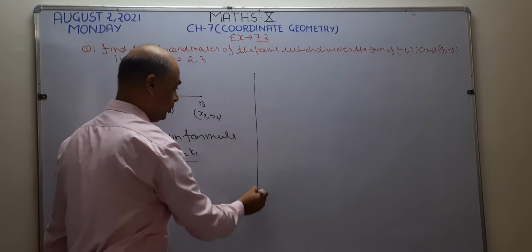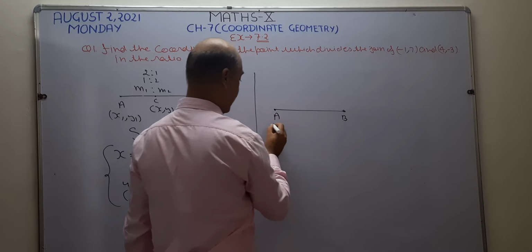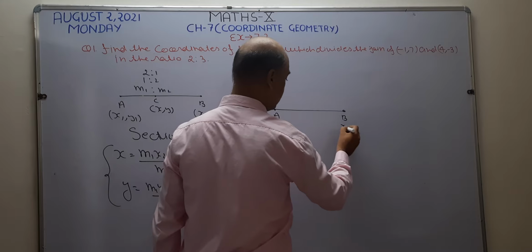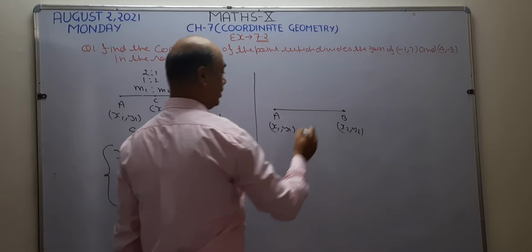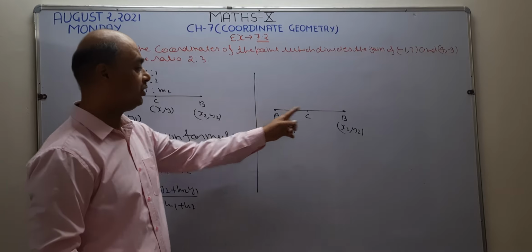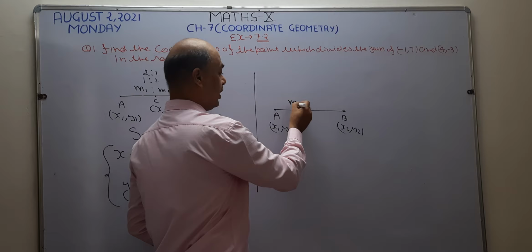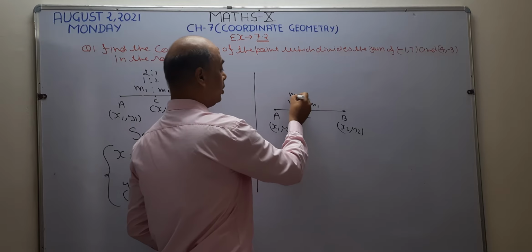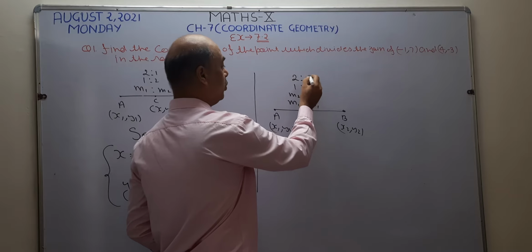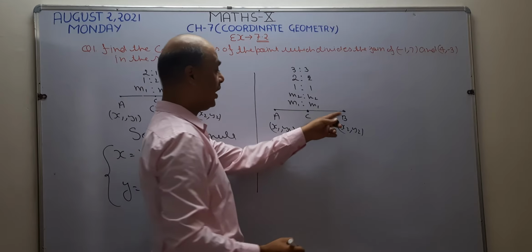But if the given line segment has A with coordinates x1, y1 and B with coordinates x2, y2, and this line segment AB is divided by C in the same ratio, meaning m1 ratio m1, or 1:1, or 2:2, or 3:3, then this point is known as the midpoint of the line segment.